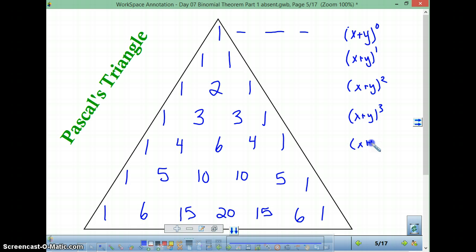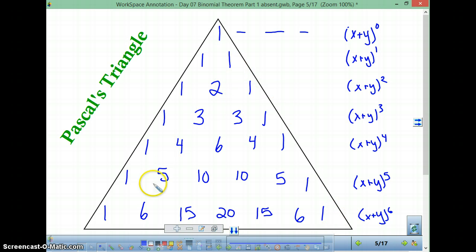Do you see the pattern? Okay. Each line corresponds with the next binomial expansion. Okay. What other patterns do you notice here? You should notice that the first coefficient is always a 1, and the last coefficient is always a 1.